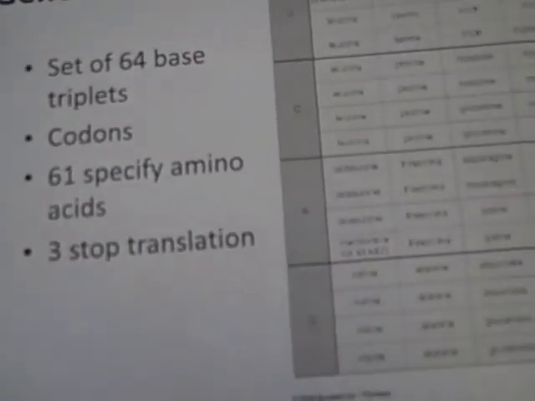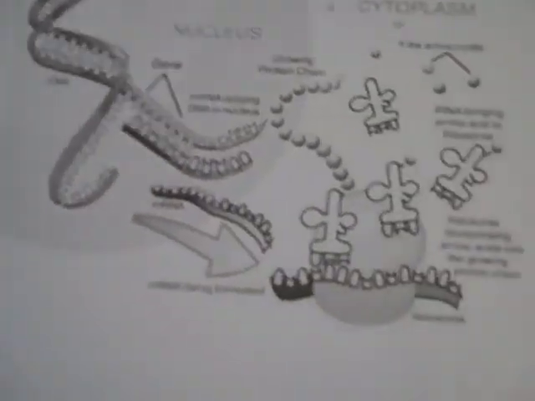And once again, sorry, I'm jumping around here. If we go back to the process of translation, there are 3 main steps to this. We have initiation. That's where the ribosome will attach itself to the messenger RNA or vice versa. You then have elongation, and that's the process where the messenger RNA is actually going to be read.